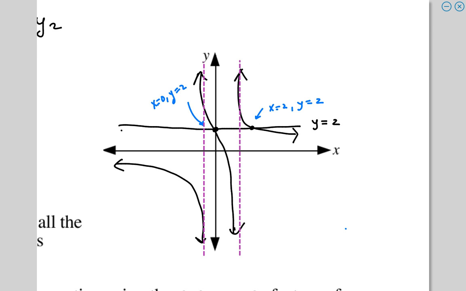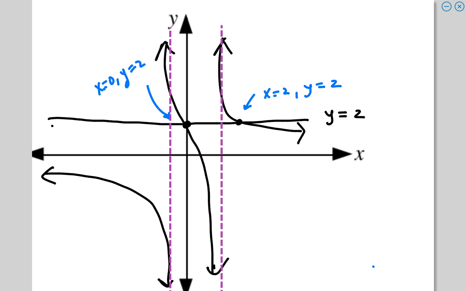We'll talk more about those non-permissibles in a second. It's just sort of a rough sketch, it's not perfect. The black lines of the graph should never cross over those pink lines. We'll talk more about that shortly. So it's not a perfect drawing at all, just sort of getting the idea of what's happening.